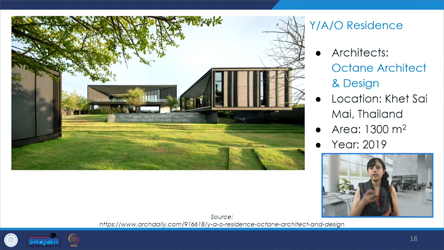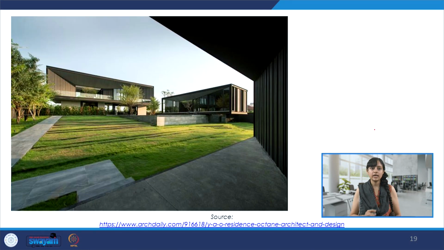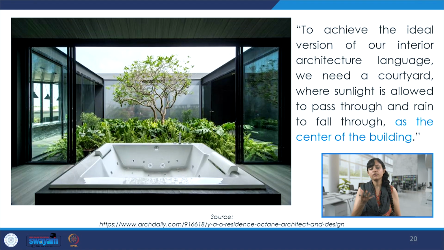Then there is this YAO residence, and this is in Thailand. This is 1300 square meters, quite big compared to the previous projects, and this is 2019. Again, the site placement, the overall landscape, and the way the built form is shaped in terms of the mass and void and the punctures and the fascia of the entire building blocks, that's very interesting. And there is a profound emphasis on the courtyard.